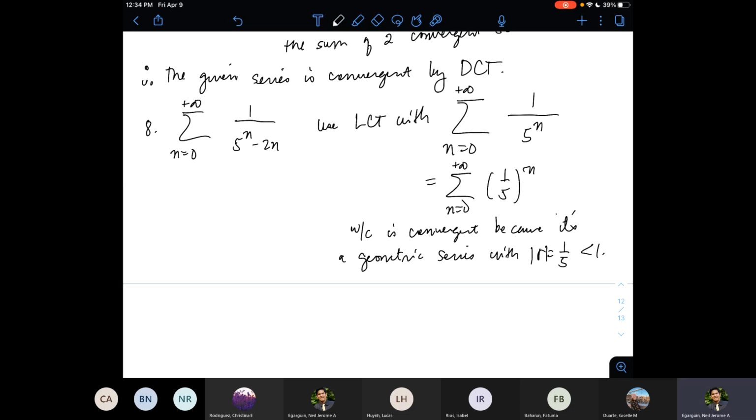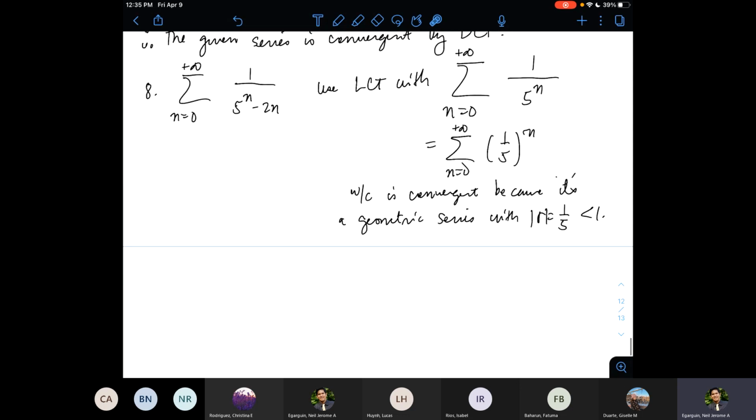So the magnitude of the common ratio is less than 1. So since this is convergent and we intuitively have an idea that this grows in the same way as the given series, the given series must be convergent as well.